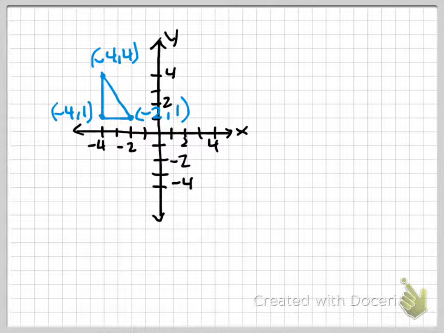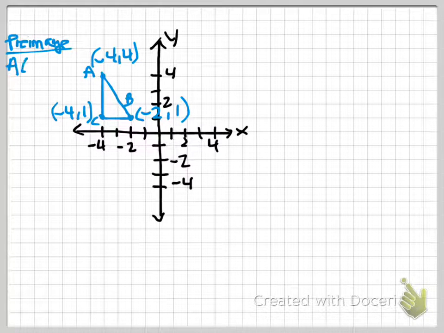And I'm going to write them over here. So this is the pre-image. Let's call these A, B, C. How about that? So A is at -4, 4. B is -2, 1. And C is -4, 1.